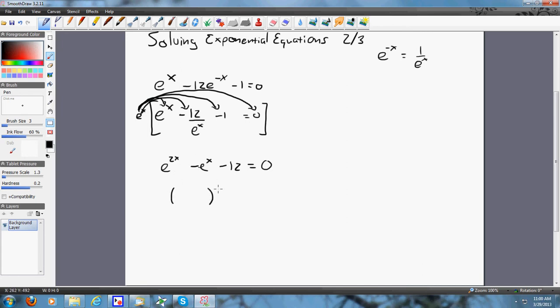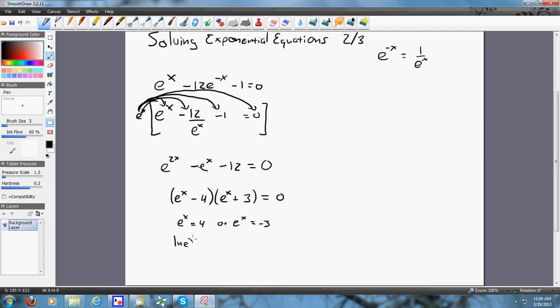And I'm going to say e to the x, because when you FOIL, first times first equals e to the 2x. I'm going to use 4 and 3. And so I say e to the x equals 4, or e to the x equals negative 3.